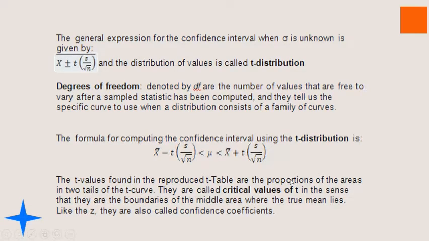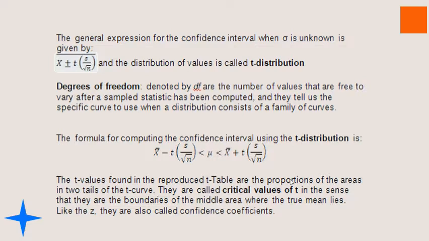The general expression for the confidence interval when your sigma, or standard deviation, is unknown is given by the mean plus or minus t multiplied by your sample standard deviation over the square root of your sample size n. And the distribution of values is called the t distribution.